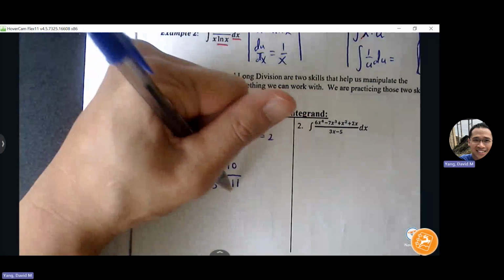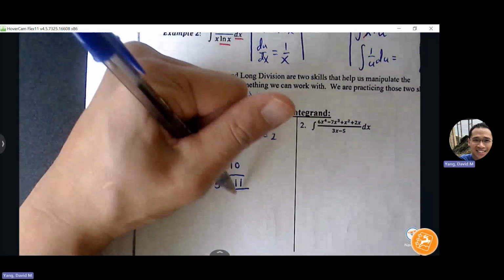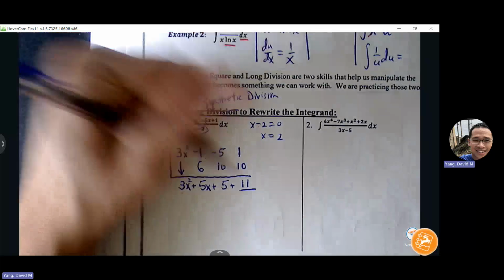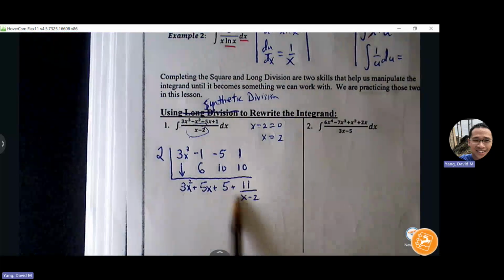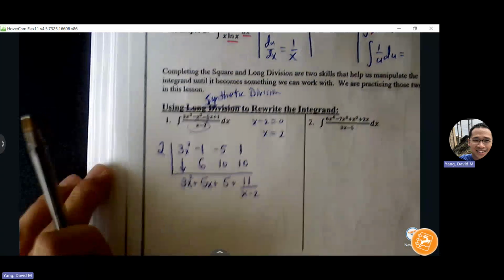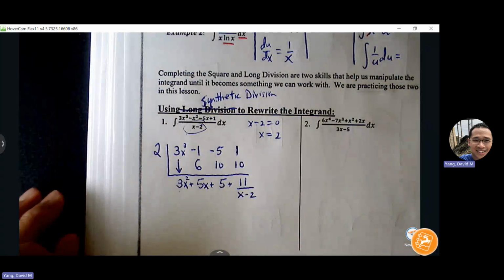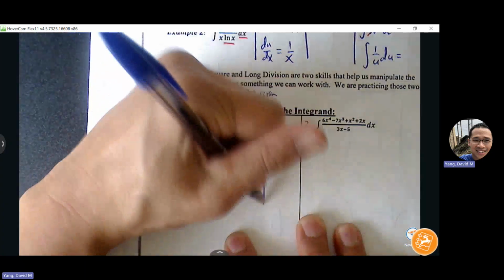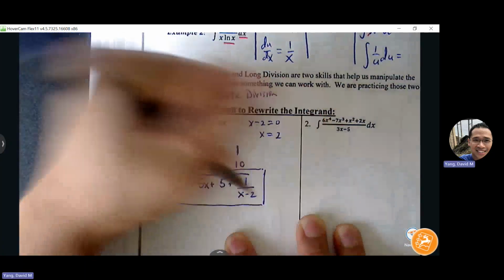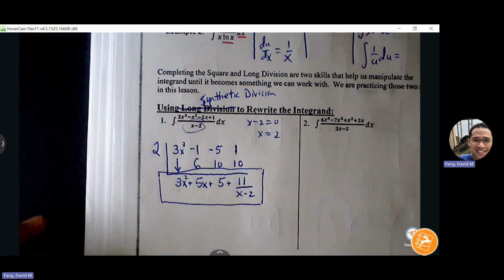The remainder. So the remainder tells us I cannot divide any further. It's not a perfect fit. So if I can't divide any further, I'm going to show this is the portion that does not divide out. It's the 11 over x minus 2. But everything else divides out. Now, this is not my answer. This is only a simpler problem for us to approach the integral with.